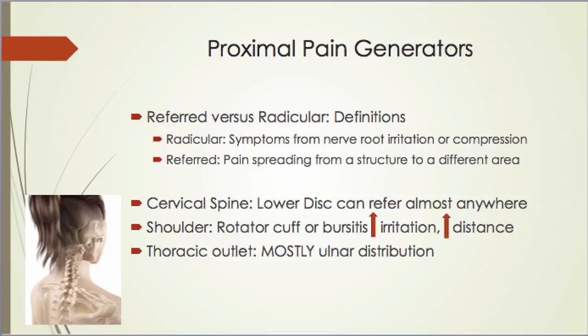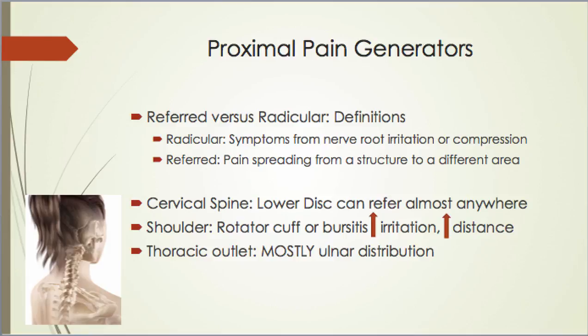So in other words, if we have a C8 nerve root compression causing radicular symptoms, it's going to go all the way from the medial arm, medial forearm, all the way down to the medial or ulnar side of the hand. Where referred pain is spreading from a structure to a different area.